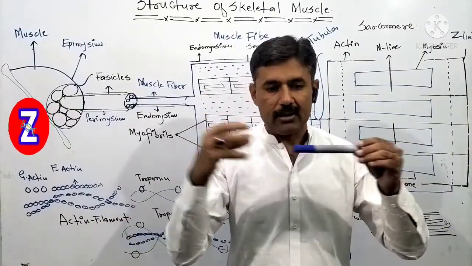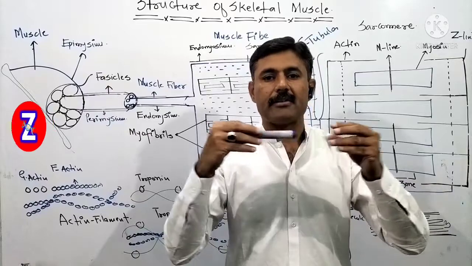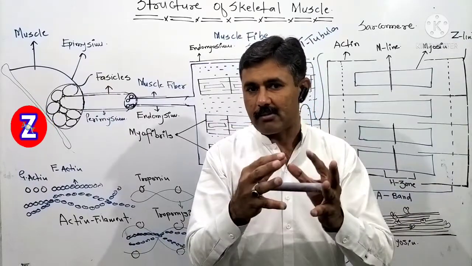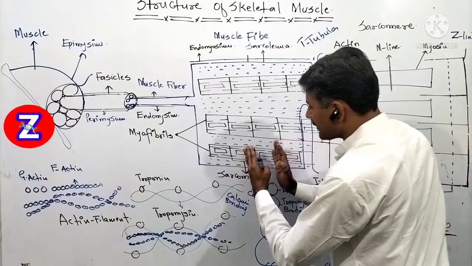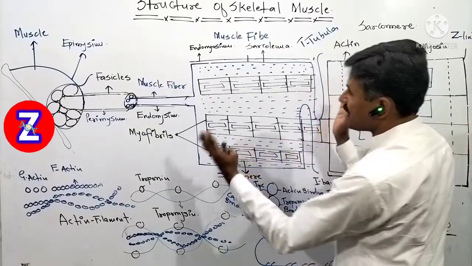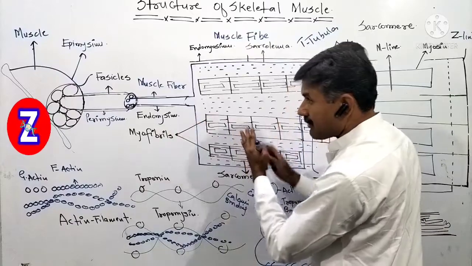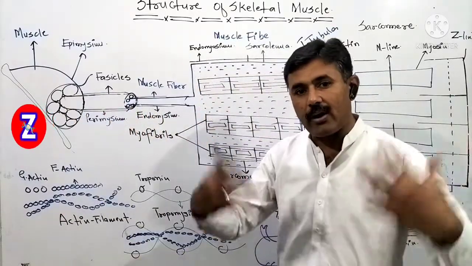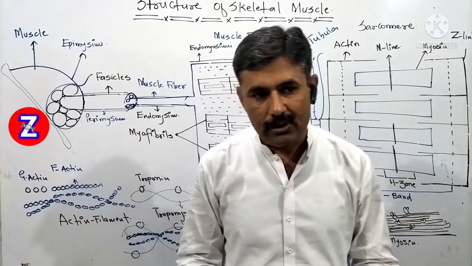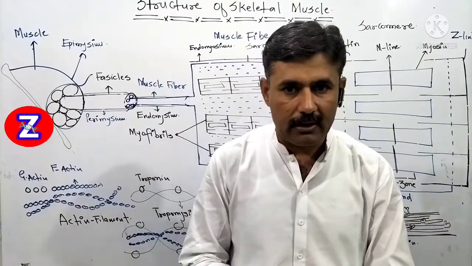When these filaments slide over, the sarcomere contracts, and when the sarcomere contracts, it contracts the myofibers, then the muscle fiber, then the fascicles, and the overall structure of muscle contracts and becomes short and thick.